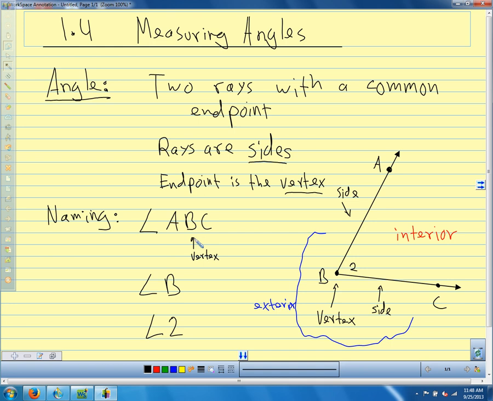So examples, you can come up with all kinds of things that could be examples. We could think of the top of our door when it's partway open makes an angle. My notebook here, when I open it partway, makes an angle. So those would be examples. Non-examples, basically anything that's not an angle.